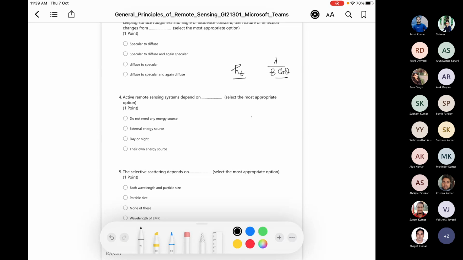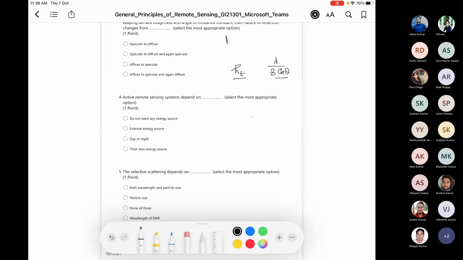Let's see how we can analyze this problem. There is a way to understand it. Let's say if you forget this formula, then on the basis of concept, how can you decide whether after the interaction of EMR the type of reflection is diffuse or specular? There is a very simple way.